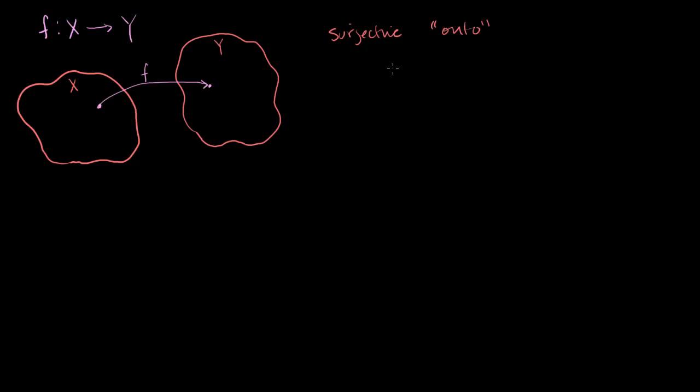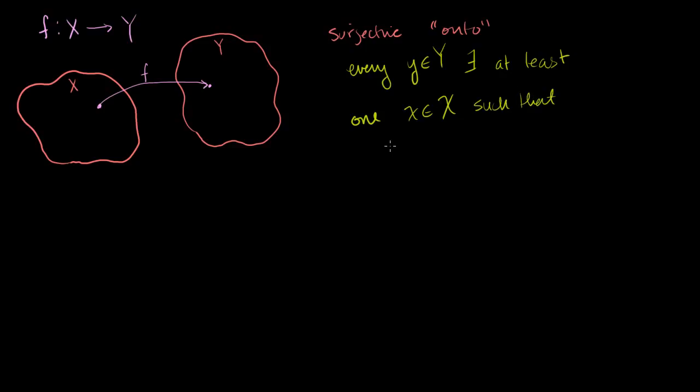And a function is surjective or onto if for every element in your codomain, so let me write it this way, if for every y that is a member of my codomain, there exists, that's the little shorthand notation for exists, there exists at least one x that's a member of x such that f of x is equal to y.